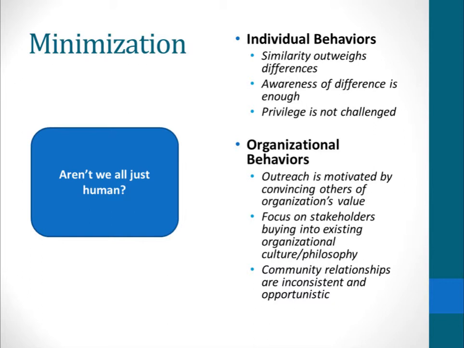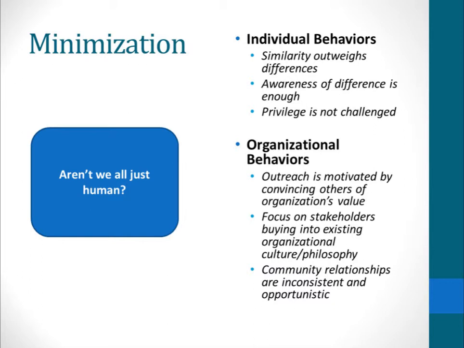In this stage, individuals will focus strongly on human similarity in terms of physical structures, psychological needs, and this idea that there are universal values. There might be a belief that awareness of difference is enough, but again, what we should focus on is our similarities.